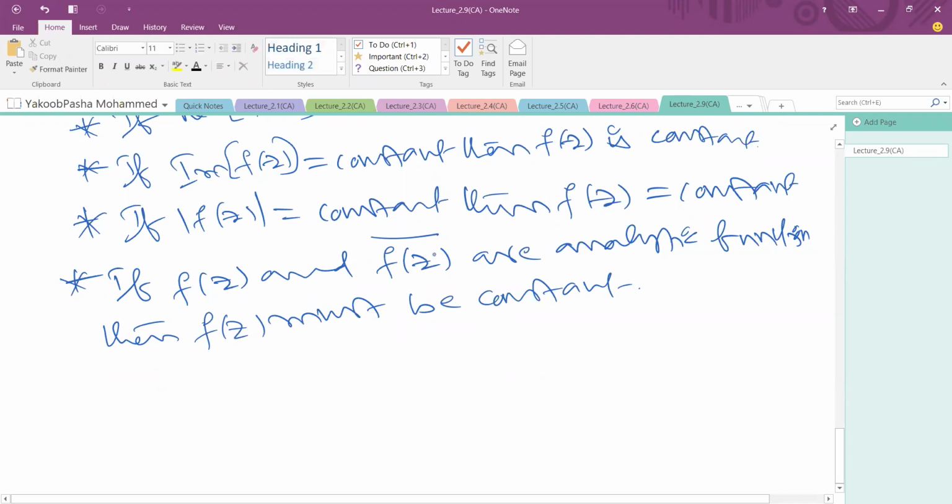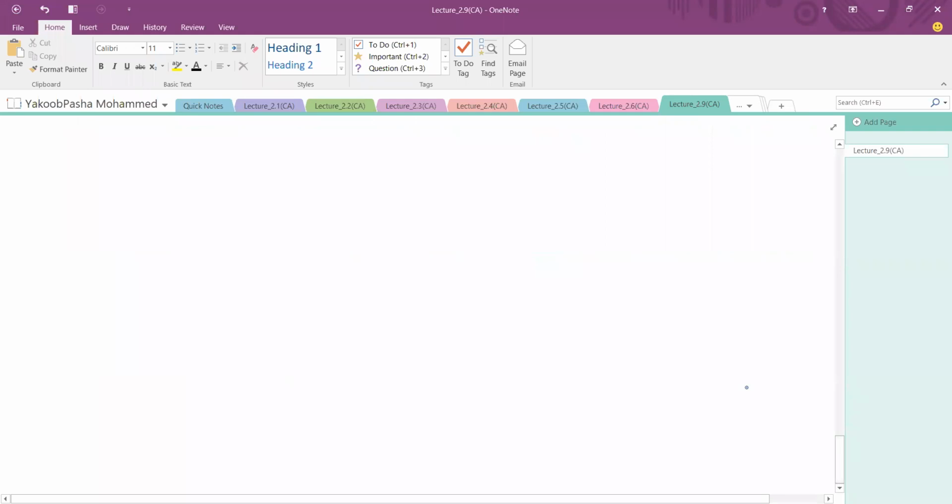Whenever we are taking one function that is bounded and entire function. We know the definition of entire function.